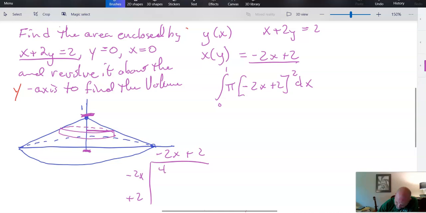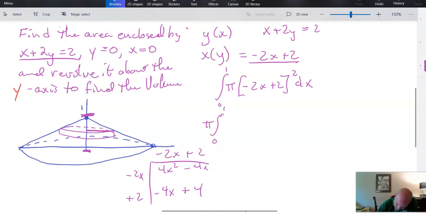That's 4x squared minus 8x plus 4. That's a lot of 4s. So it's the integral from 0 to 1.